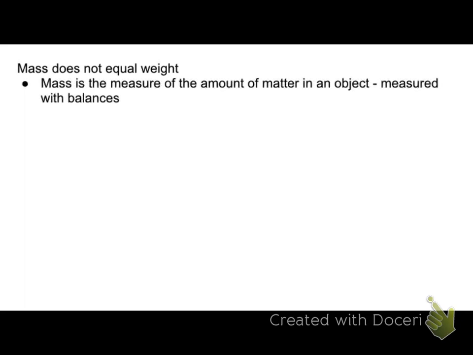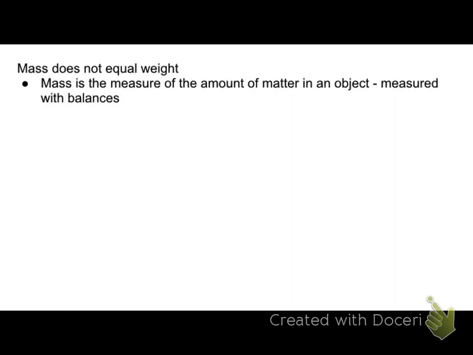Mass is the measure of the amount of matter that an object has, and we measure this with a balance against a kilogram weight, which is based on the standardized kilogram weight that's kept in a very special jar in another country. I can't remember which, but that's the standard against which we measure things. And so we balance the scales to figure out which things have that same amount of matter in them.